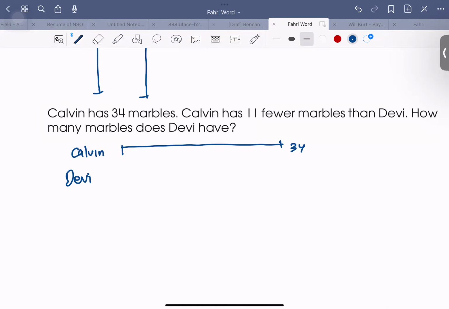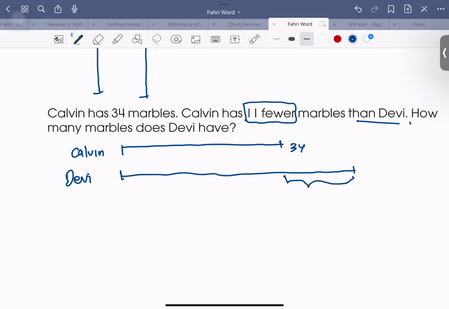Calvin has 11 fewer marbles than Davy. So Davy has more marbles than Calvin, right? Okay. So Davy must be 34 plus 11 equals 45 marbles.